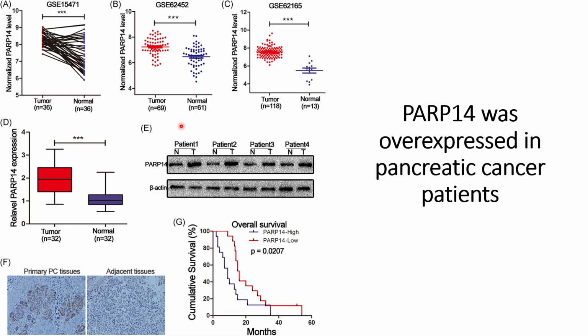They took samples from 4 different patients and analyzed PARP14 expression in the normal adjacent tissues and the pancreatic cancer tissues, and they saw high expression of PARP14 in the pancreatic cancer tissues compared to the normal tissues.